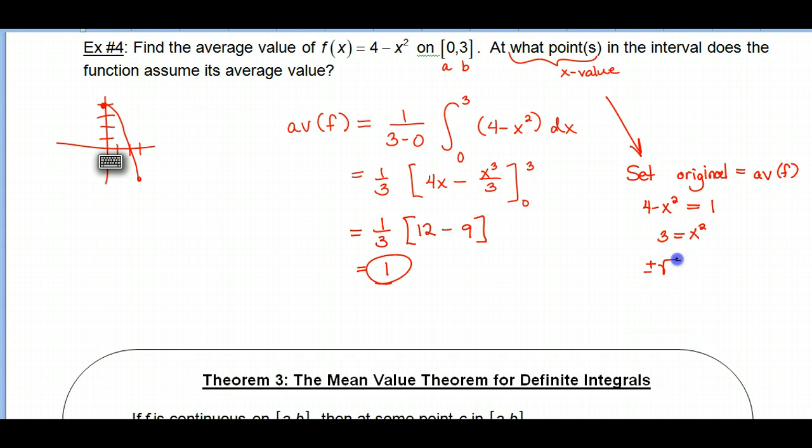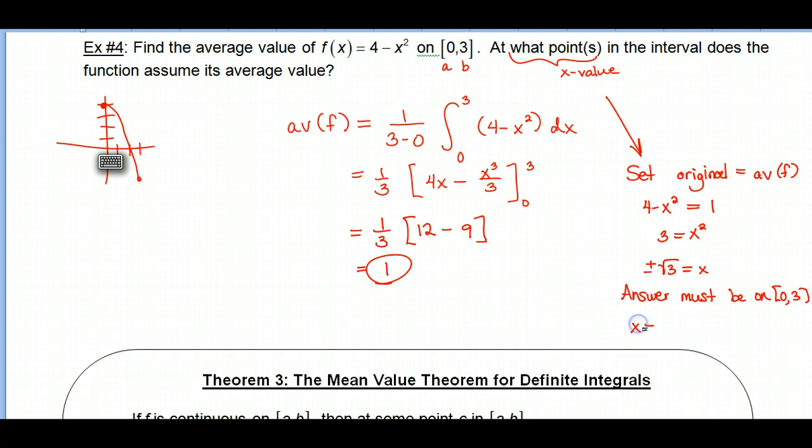Now, we do plus or minus, but you need to make sure that your answer is in the interval. The interval that was given is not negative, so the answer must be on the interval from 0 to 3.